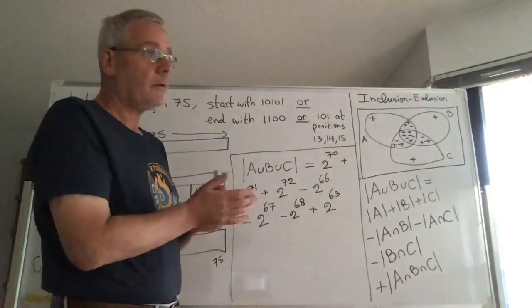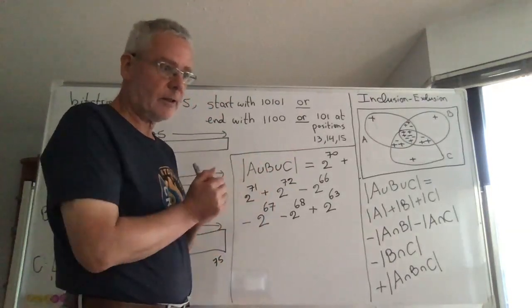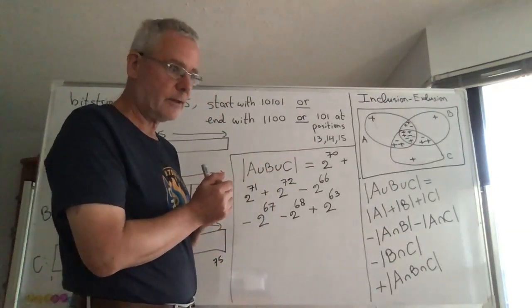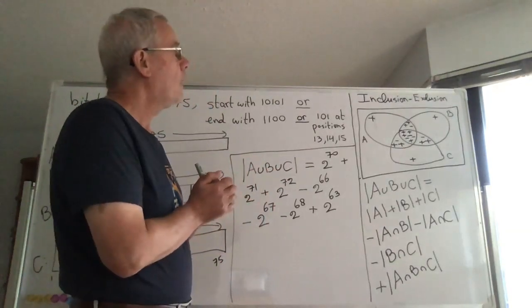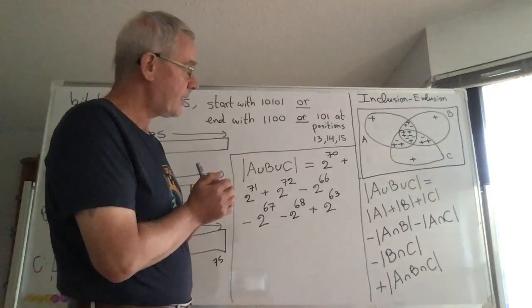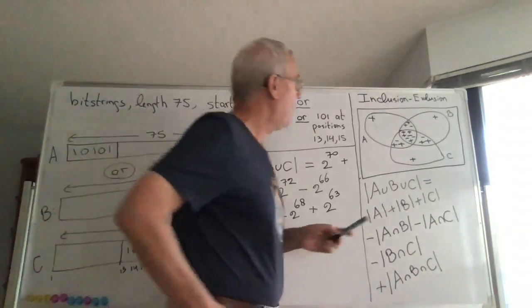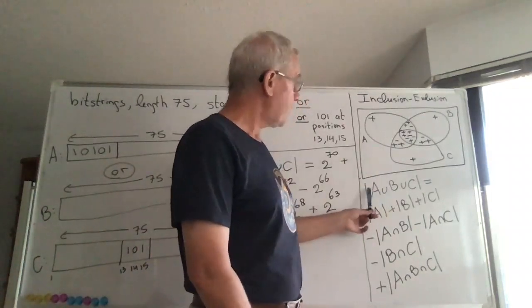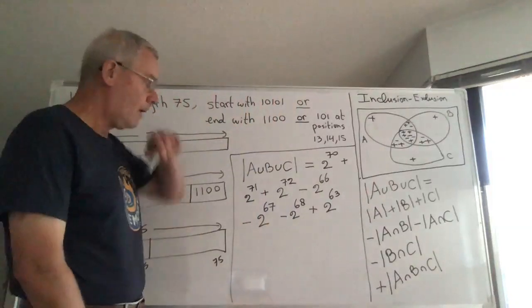We have seen the sum rule. If you have pairwise disjoint sets, then the size of the union is the sum of the sizes. If you have sets that are not necessarily pairwise disjoint, then to determine the size of the union, you use inclusion-exclusion.